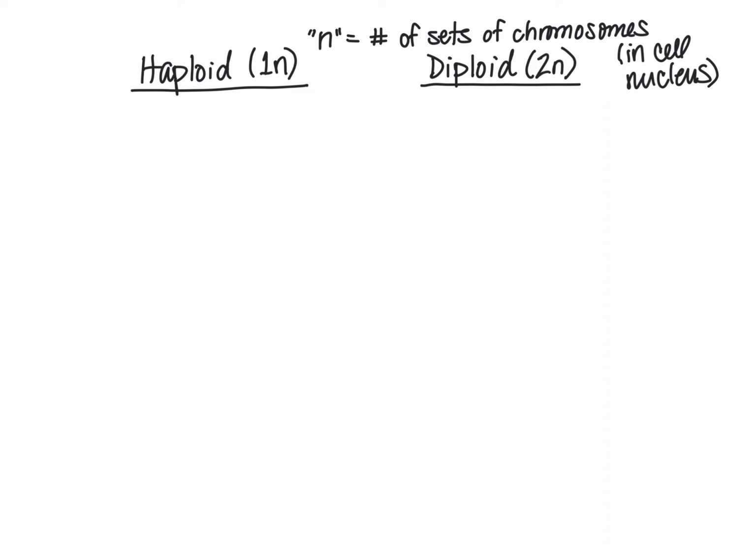So let's start by talking about the diploid condition. In cells that are diploid, in the nucleus, there are going to be paired or two sets of chromosomes. So we can say that there are two sets of chromosomes.